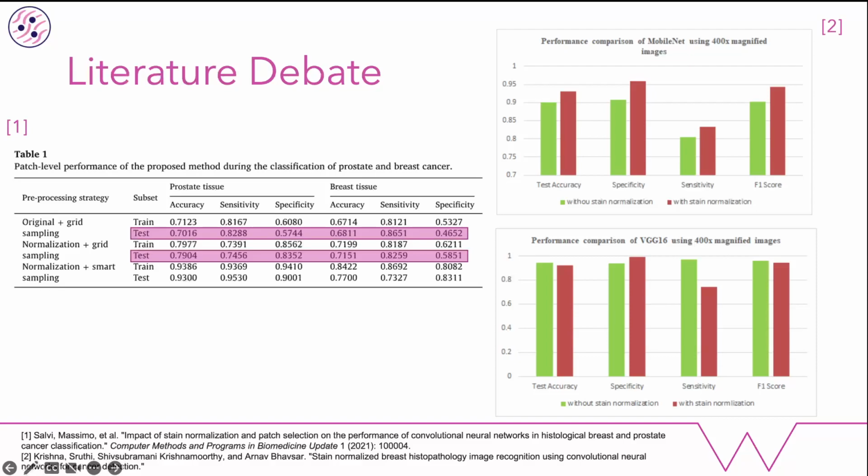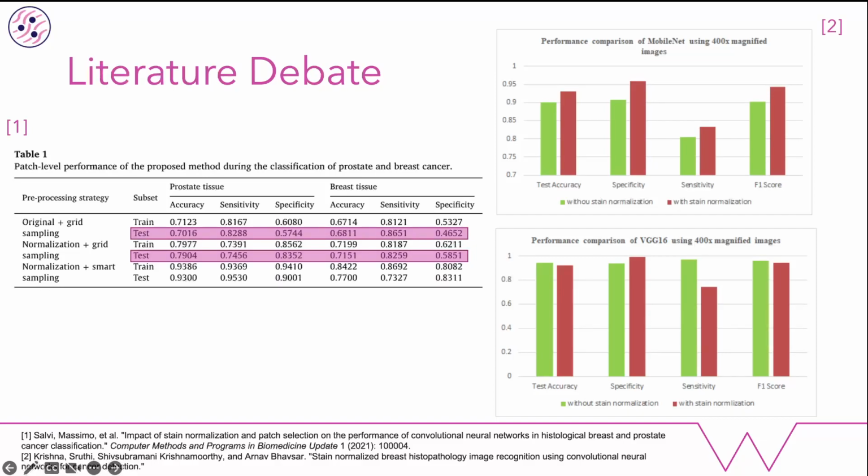The debate of if stain normalization is helpful is a widely discussed topic, with various papers reporting results supportive of both sides. For example, Salvi et al. showed that for prostate tissue, the application of stain color adaptive normalization seemed to increase accuracy by a substantial amount, from 0.7 to 0.79 on a test set.